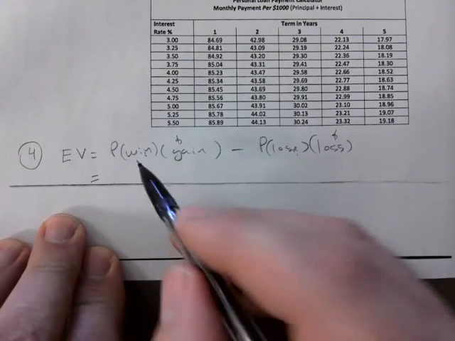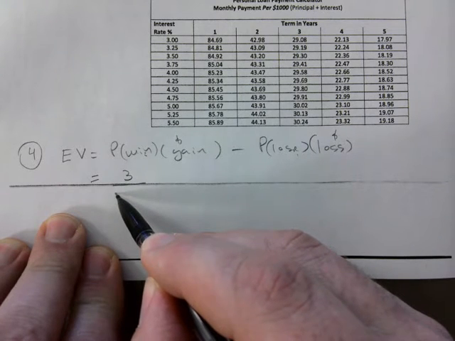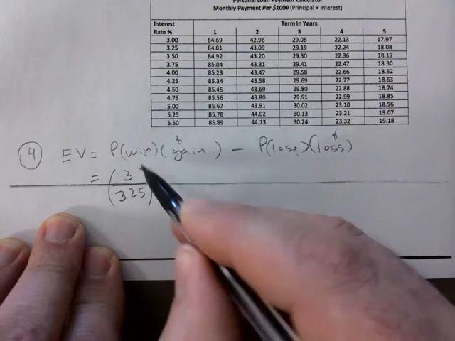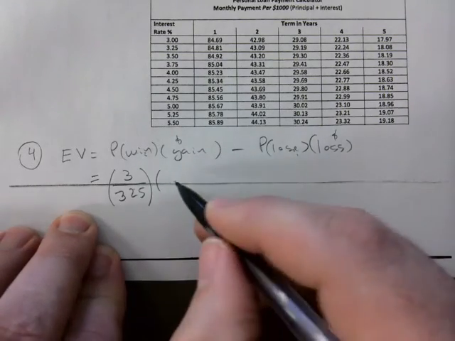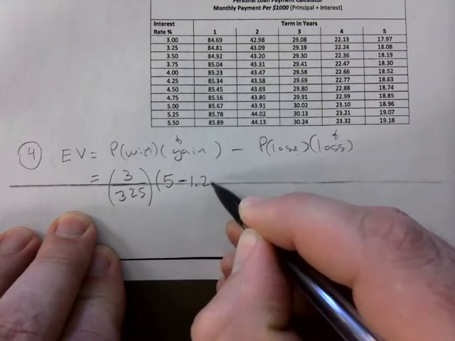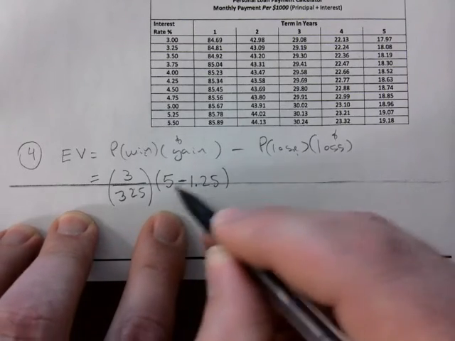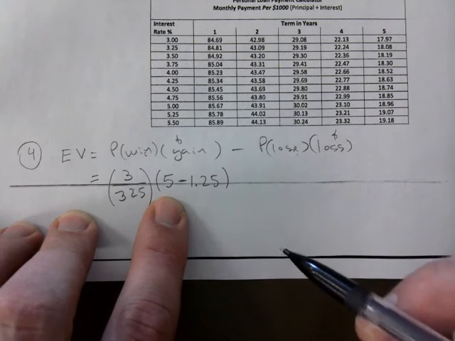So probability of winning, there are only 3 winners out of 325, okay? So that's your probability of winning. How much would you be gaining? Well, you win $5, but you always need to take away how much you paid to play the game. You need to do that because you're not winning the whole $5. It costs you something to play.